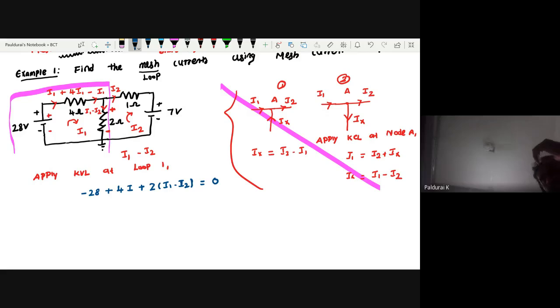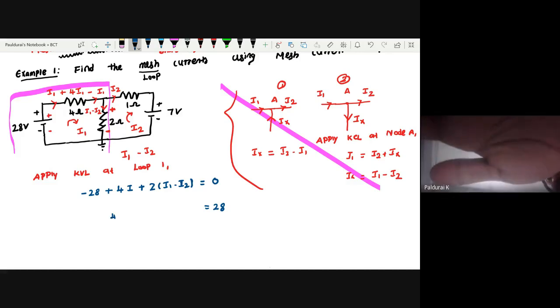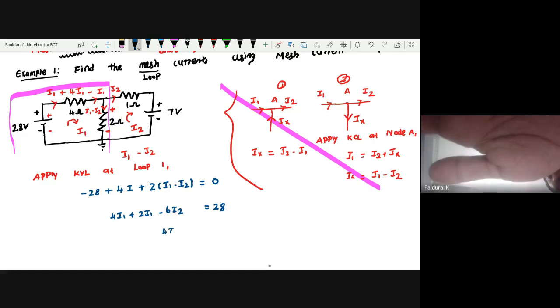So now can you manipulate this? So 28 அங்க கொண்டு போயிடலாம். Which is equal to 28. Now this becomes 4I1 plus 2I1 minus 2I2. So what will happen? We want to develop. So 4I1 plus 2I1 becomes 6I1, right? 6I1 minus 2I2, which equals 28.